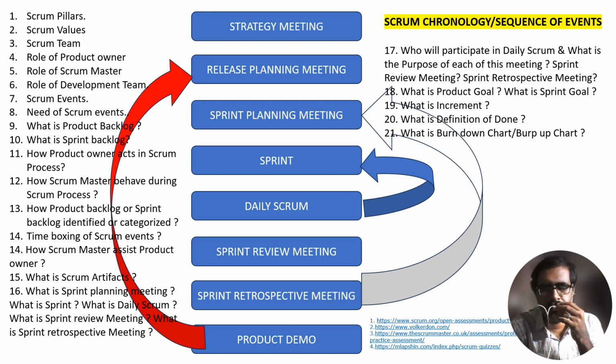Strategy meeting, release planning meeting, and product demo may also be held but are not defined as a part of Scrum. Important fourth point, product owner represents the business, Scrum Master is a servant leader, and development team is a cross-functional implementation team. And fifth point, product backlog contains all the requirements.